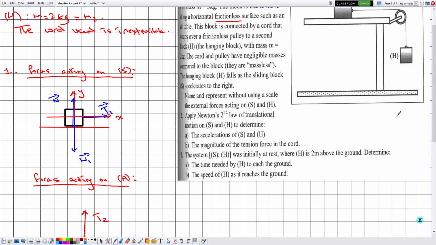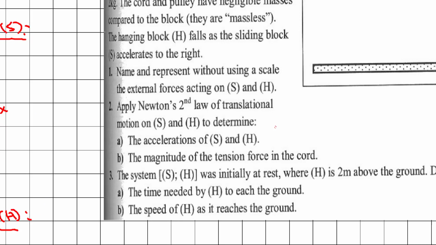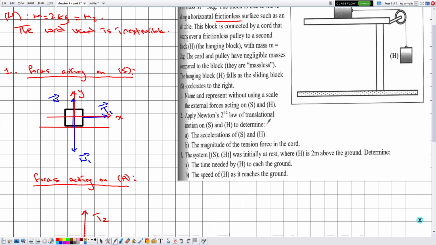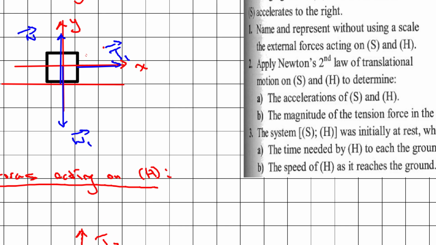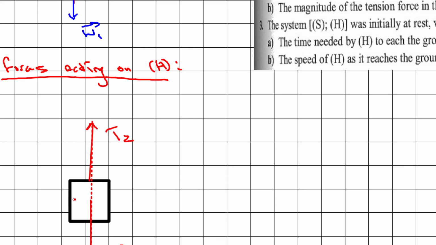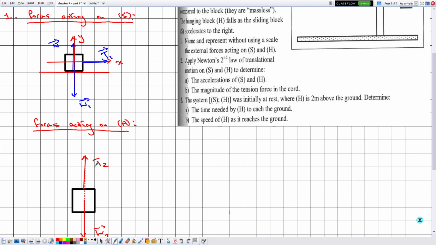Now in number 2 they are telling me to apply Newton's second law of translation to determine the acceleration of S and H. Notice that in the system there are two unknowns: the tension connecting the two bodies and the acceleration of the system. However, in this case we can apply sum of forces twice, which will give us 4 equations.